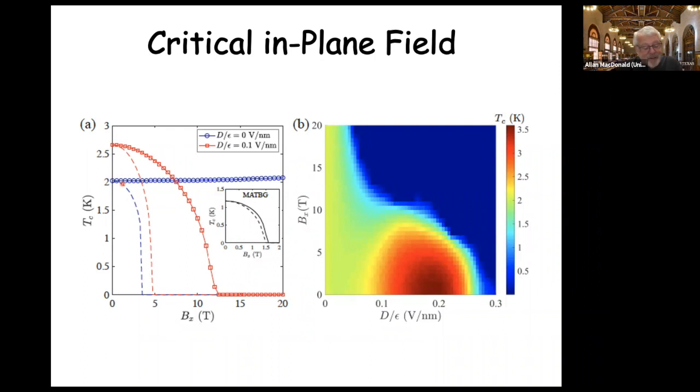If mean field theory is right, and that's a big question mark in a strong quantizing magnetic field, then this magic angle system is the perfect system to look for this. So I will be a very happy boy if reentrant superconductivity is indeed seen in a perpendicular field. But it's more speculative, I would say. Yeah, okay.